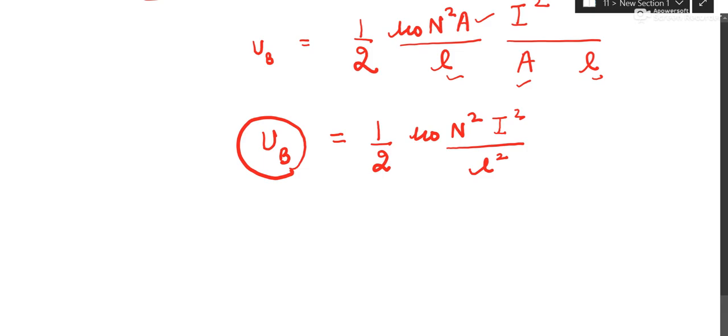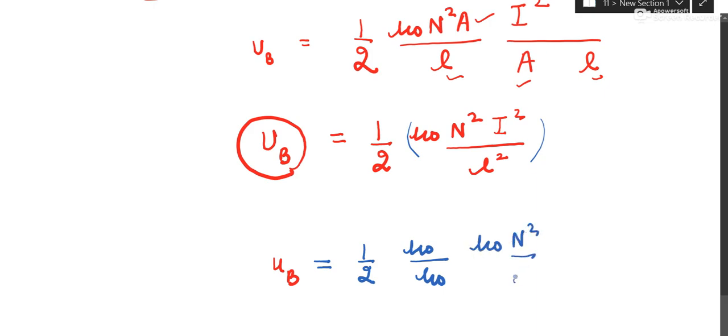Now we'll be writing it as magnetic potential energy density. Energy density is equal to half. We are multiplying and dividing by mu naught. So this is my multiplication wala mu naught, this is division wala, and the expression remains as it is. That is mu naught N square by L square I square.